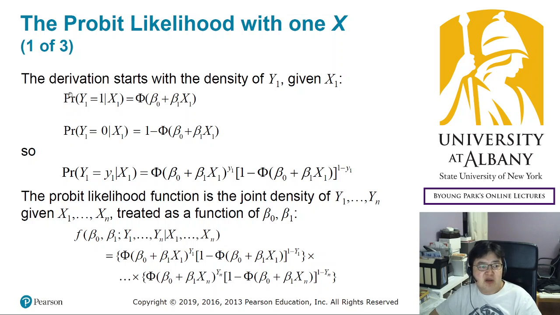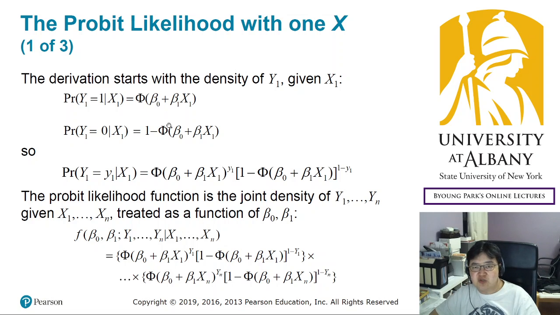For example, the probability that y equals 1 given x1 is given by this form. Remember, beta 0 plus beta 1 x is the z value, and we take a nonlinear function phi of that linear value. This is the probability of 1, and then automatically the probability of 0 is 1 minus the probability of 1, because the outcome is either 0 or 1.